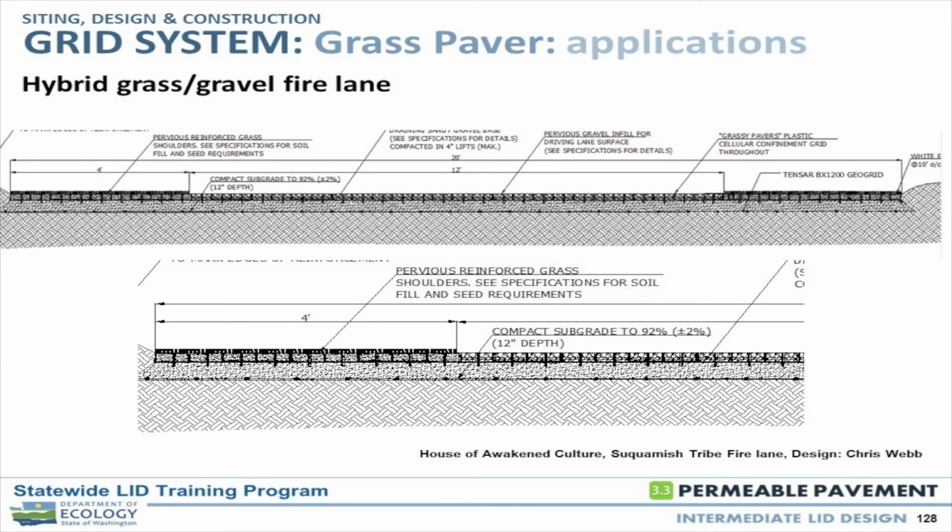We were able to come up with something that was fully permeable, met the fire department's need for full 20-foot access, but then met the tribe's need to de-emphasize this road, because had we built this out as a 20-foot road, a lot more traffic would have come down this road than they would have liked. So I think it really met multiple goals, and I thought it was a pretty cool design response.